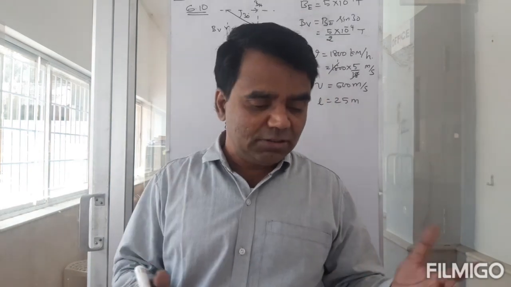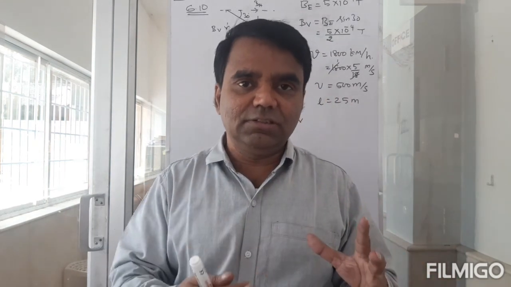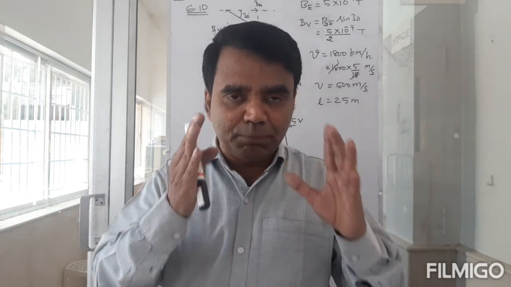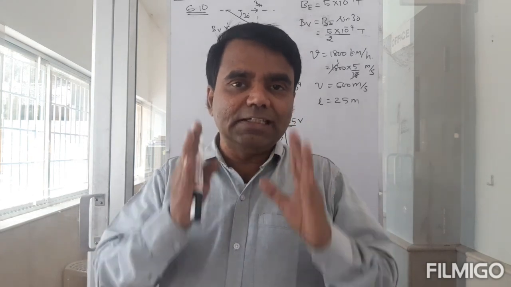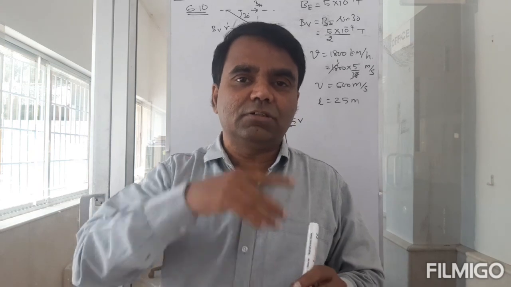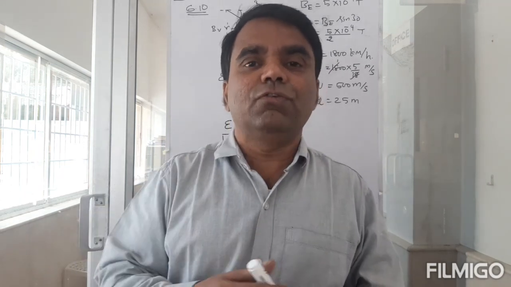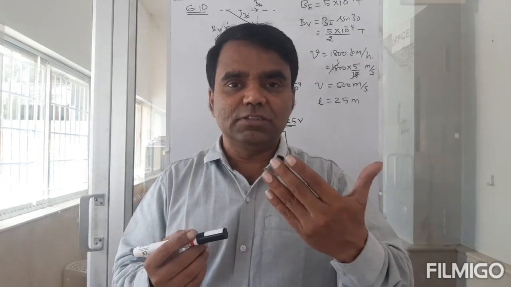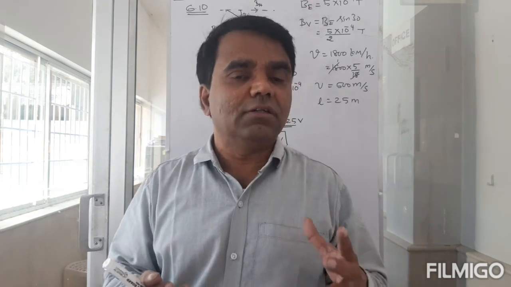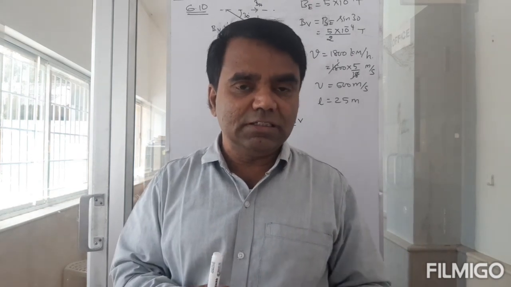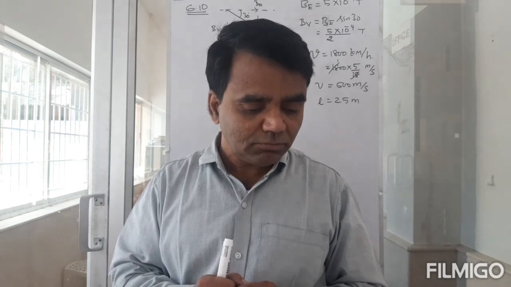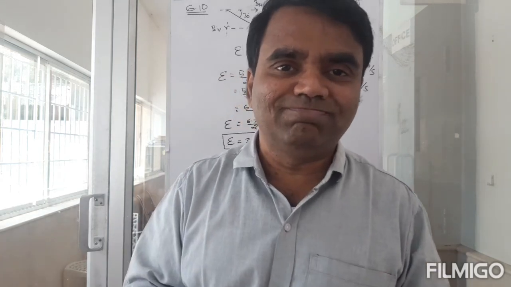You just need to find the direction. If you employ the method I gave you to find the direction of the current flowing in an induced EMF circuit, then you can easily do them. If you have any questions, let me know. Thank you.